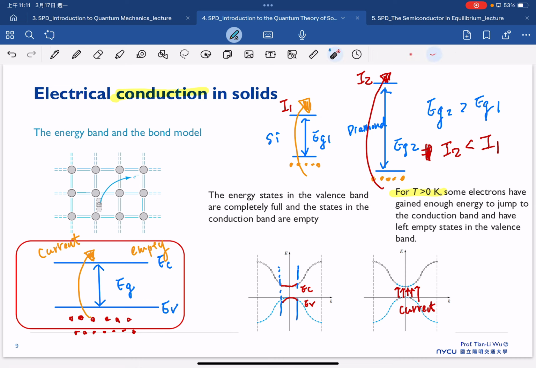Also, we all know diamond should be very close to an insulator because it's one of the hardest materials in the world, so it should not be very conductive. So we can also expect diamond has a very low current.